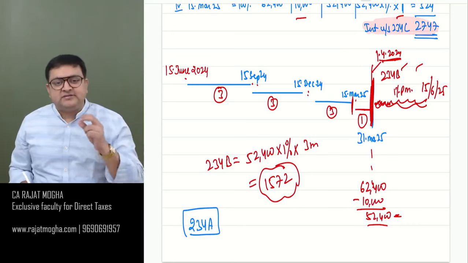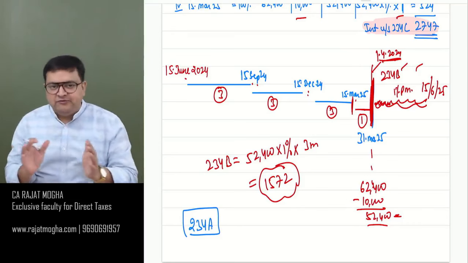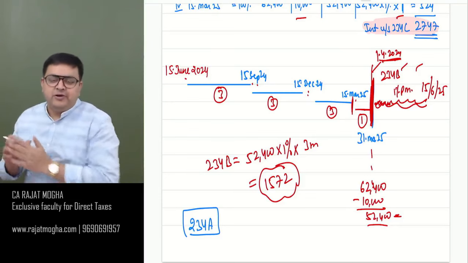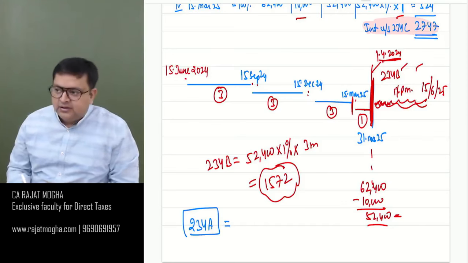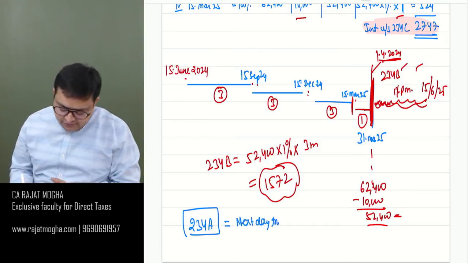Guys, there is no relay race between 234B and A. 234B will go on till you don't pay your taxes. 234A starts from the next day from the ROI due date, till not paid.